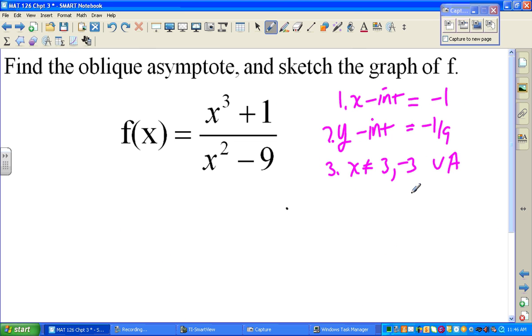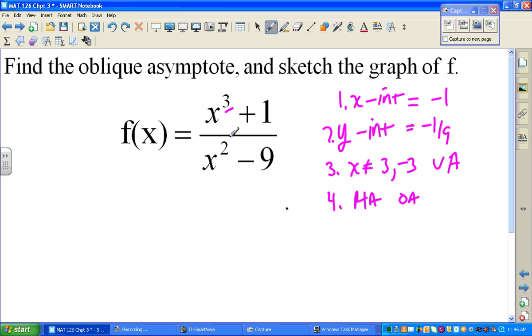Vertical asymptote, because it's going to be like 28 over 0 and -26 over 0. All right? So we got vertical asymptotes for that. Number 4, horizontal or oblique.